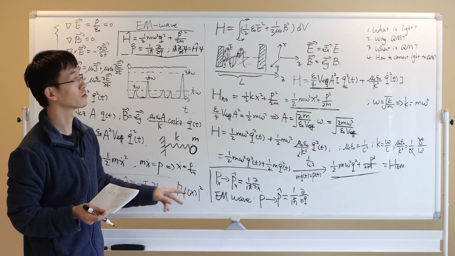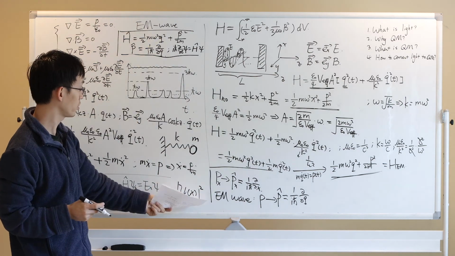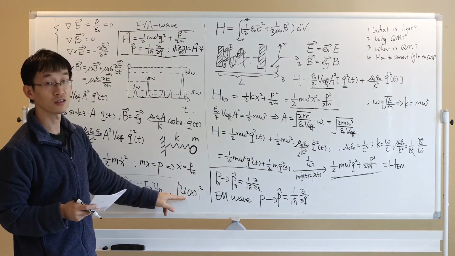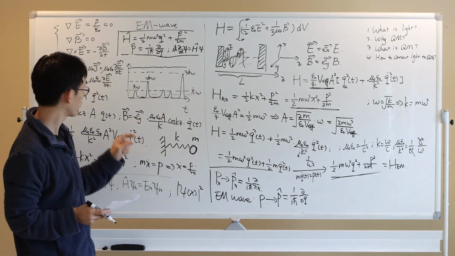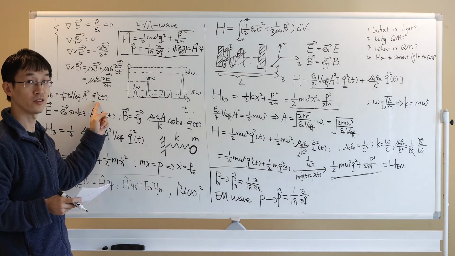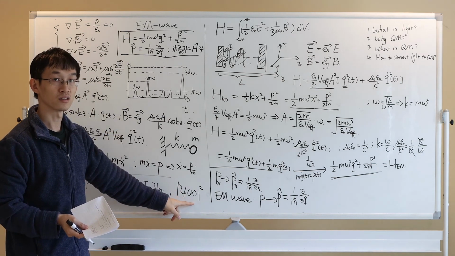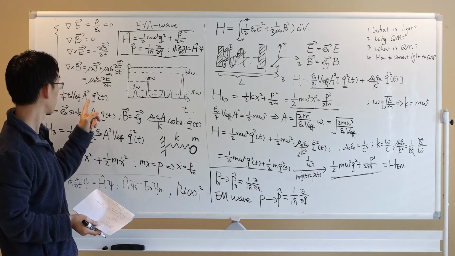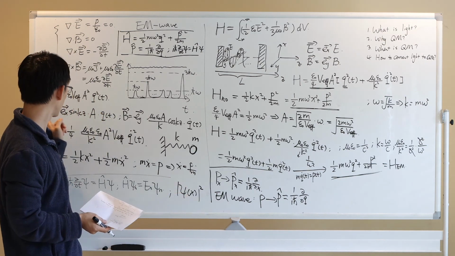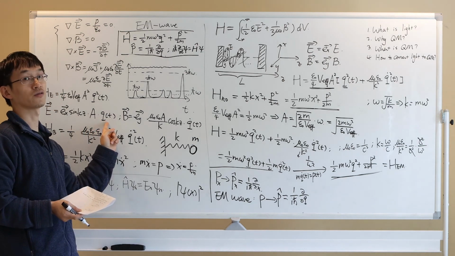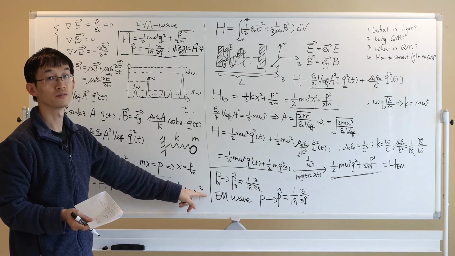Now if you change x into q in your EM wave, what that means is the probability density of finding the electrical wave at the magnitude of q equals your wave function amplitude squared.